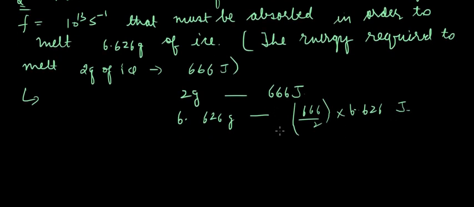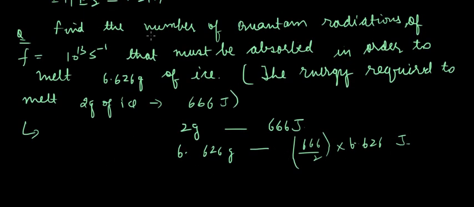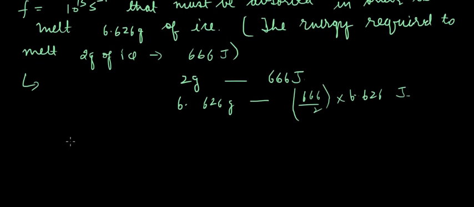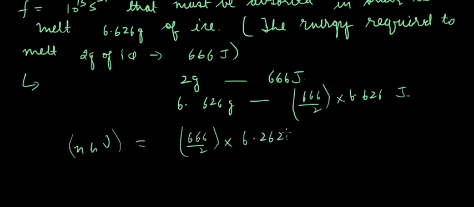Hence you have been asked to find the number of quantum radiations required. You can find it easily with the formula n h nu, which should be equal to this much amount of energy. So n would be 666 into 6.626 upon 2 into h.